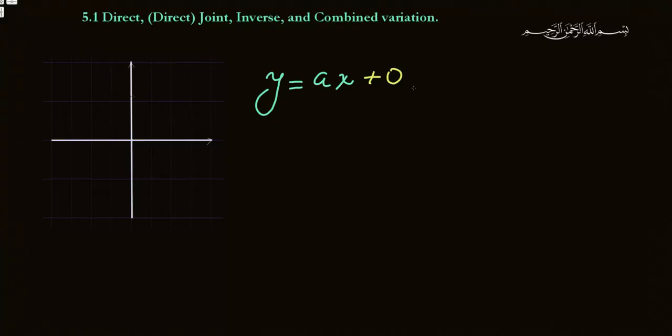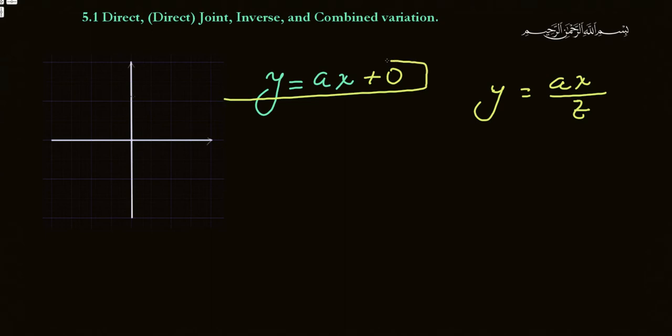Now, we don't graph combined variation because you can't graph something like this with two variables. This is a three-dimensional graph, actually. You can graph this, but it would be a three-dimensional graph for the future, inshallah. But direct variation graphs are lines like this or like this.